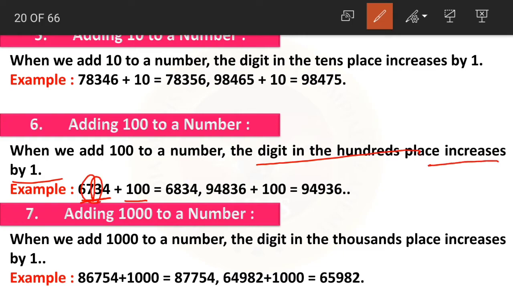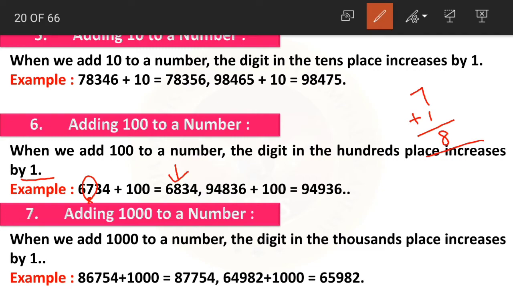Only the digit in hundreds place, which is 7 here, has increased by 1. 7 plus 1 is equal to 8. So in the sum, the number is 8 in the hundreds place instead of 7. Clear children? Let us look at another example.